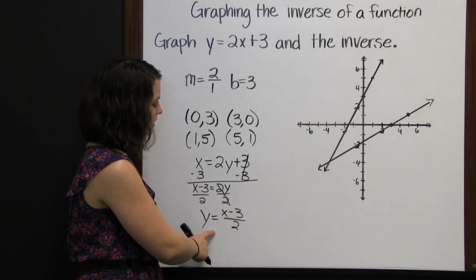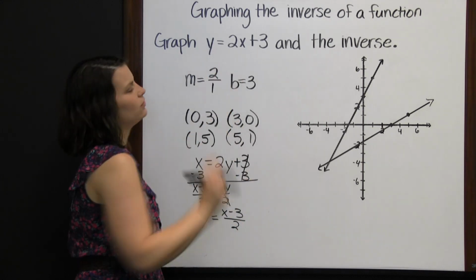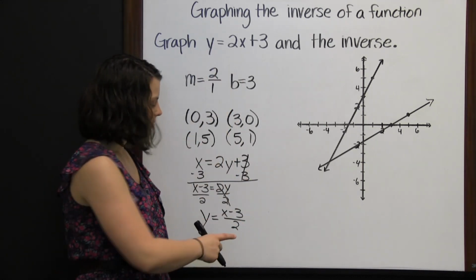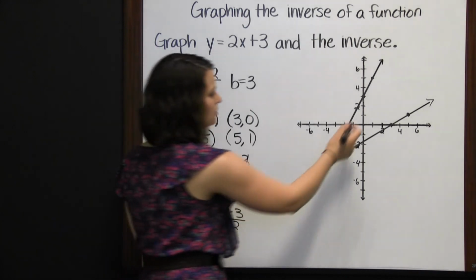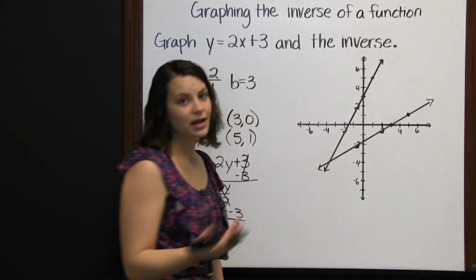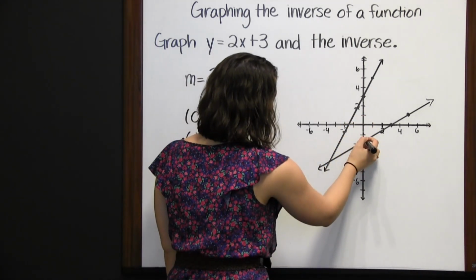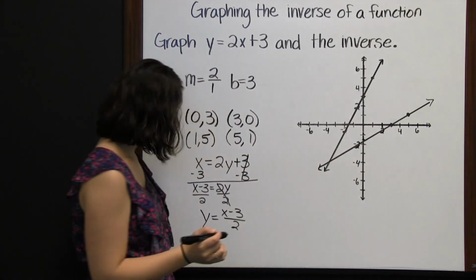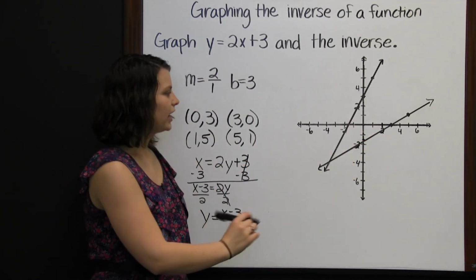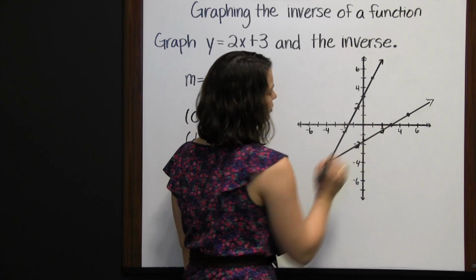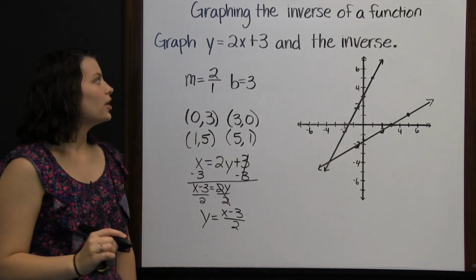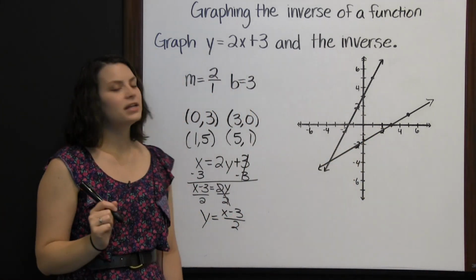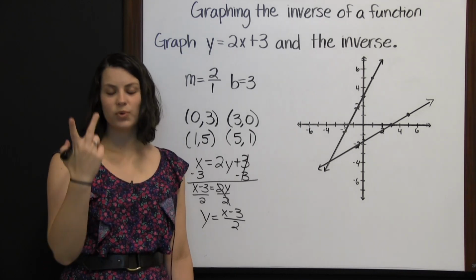But then you could graph this inverse function the same way we graphed our original function, by graphing the y-intercept, -1.5, and mine's a little off because of human error, but it should be about right there. And then we would use our slope 1/2 to rise 1 and run 2. So when you're graphing a function and its inverse, just remember, switch the x and y.